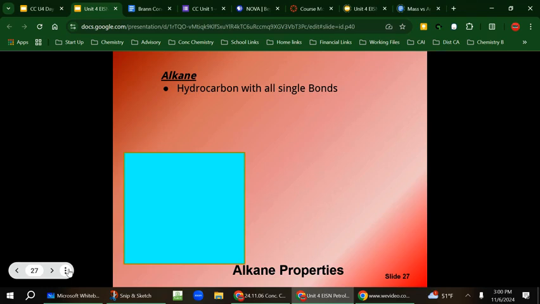Carbon can make double and triple. Alkanes, all single bonds. All carbons singly bonded together. And by the way, what this means is it's holding the maximum amount of hydrogens. Can someone tell me the term, the prefix for holding the maximum? When something is holding the maximum, what term did we introduce two units ago for something holding the maximum?